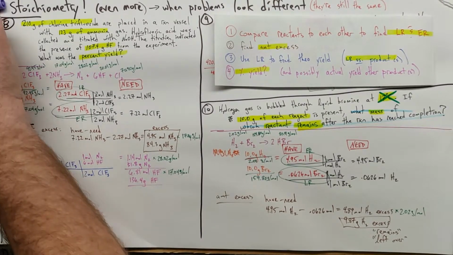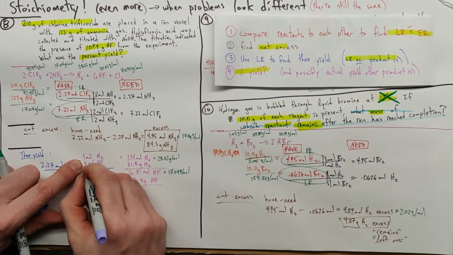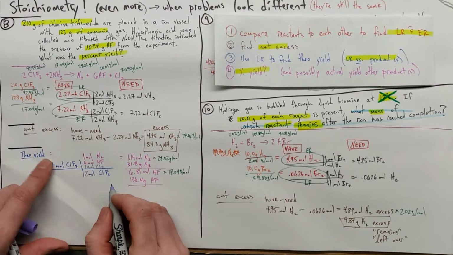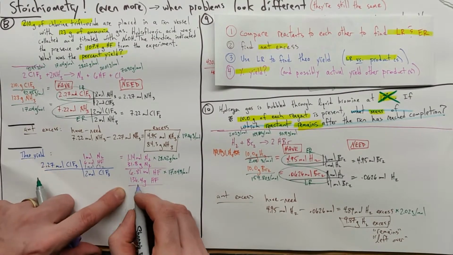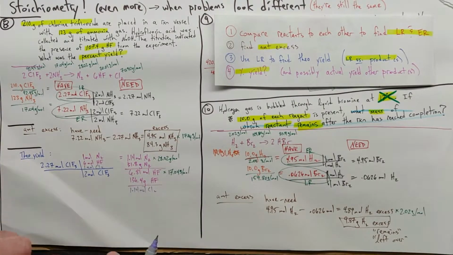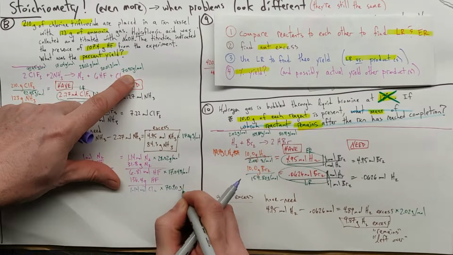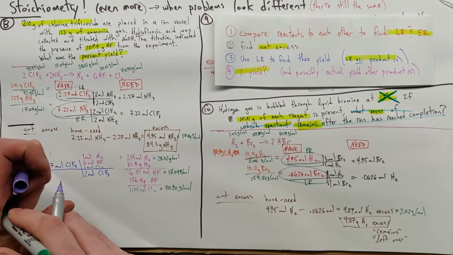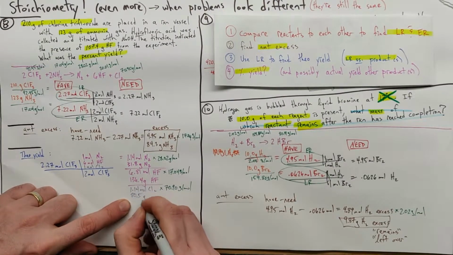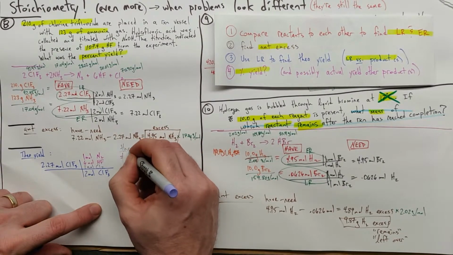And then we need to find out about our chlorine, and there's 1 mole of chlorine, and that gives us then half of that, so 1.14 moles of chlorine, multiplied by its molar mass, 70.90, and we end up with 80.5 grams of chlorine.